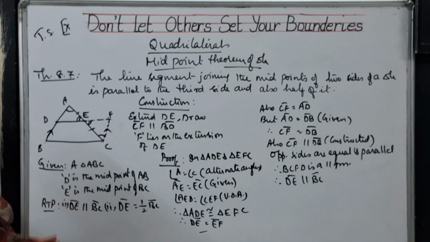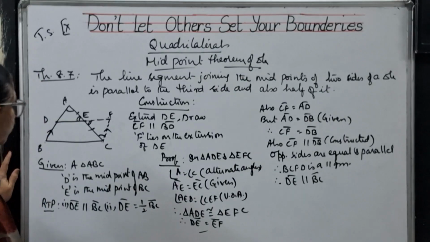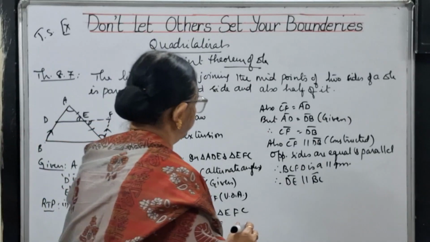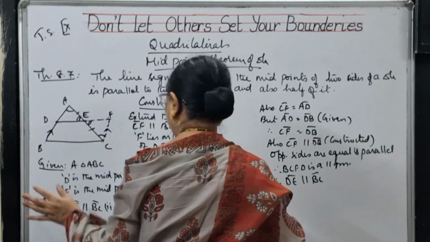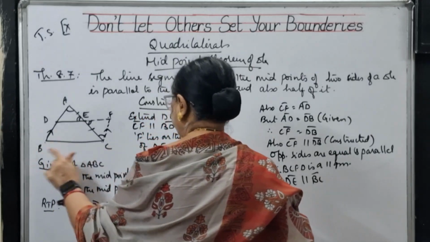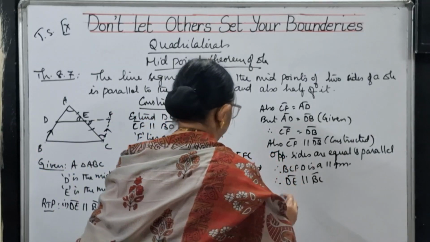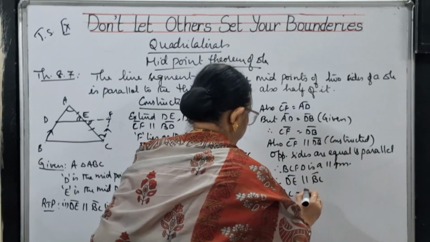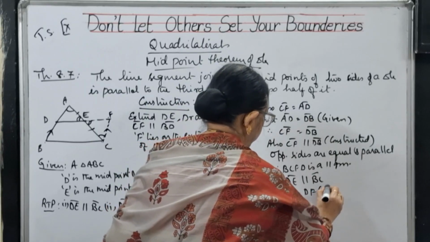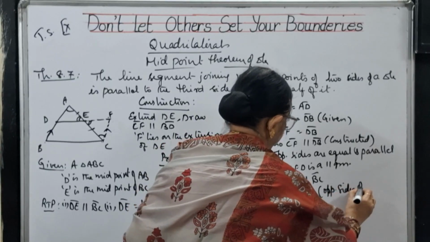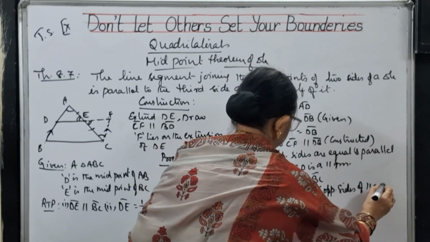Okay, after doing that, now we need to prove that DE is half of BC. Second part we have to prove. Now we know that BCFD is a parallelogram, so we can say that BC is equal to DF, opposite sides of a parallelogram.